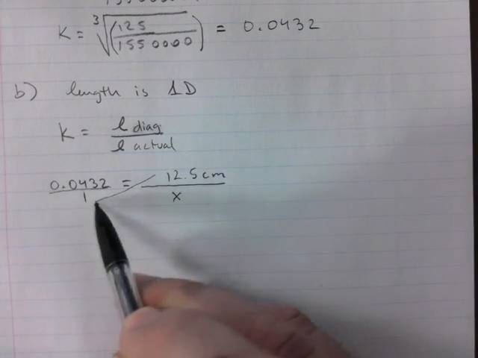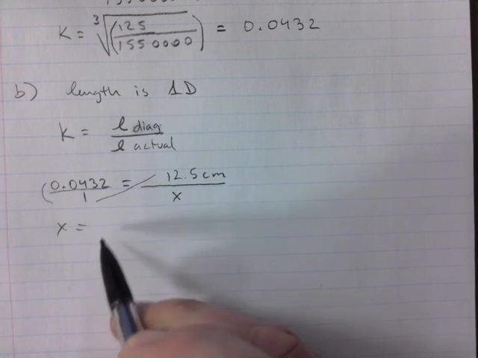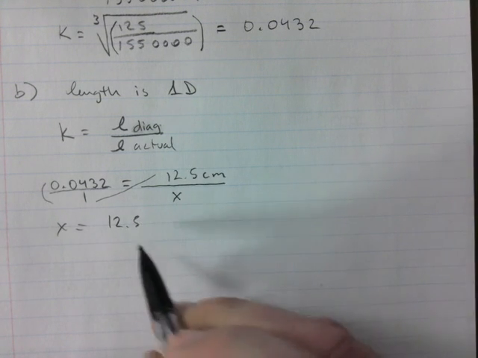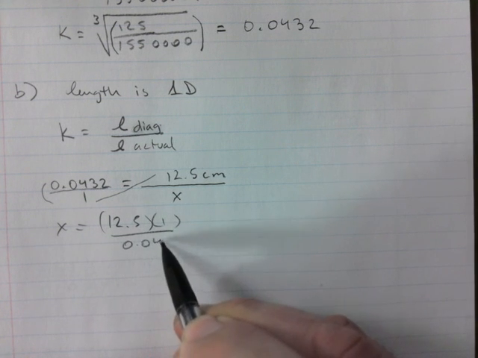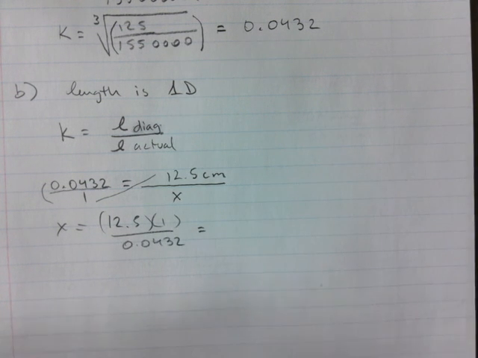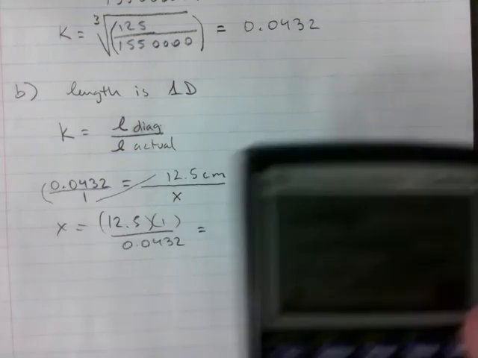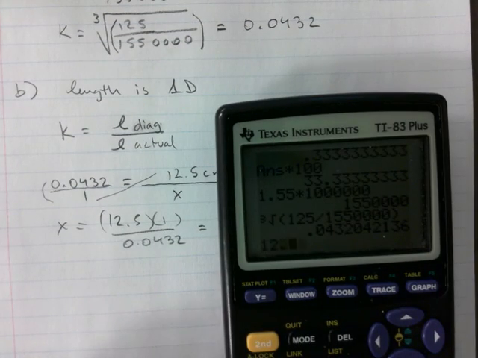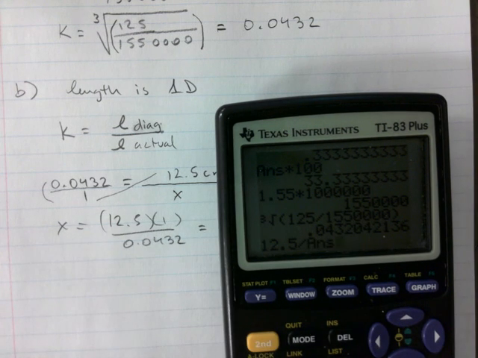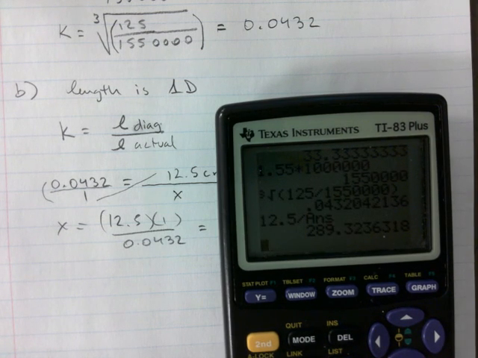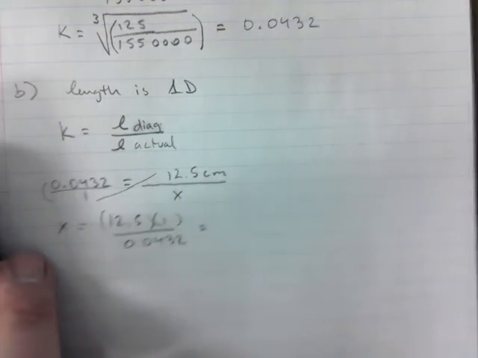So you know you have to cross multiply and divide. 12.5 times 1 divided by 0.0432. I will just quickly look at my calculator here. 12.5 divided by second negative brings answer down, and so I'm using all the decimals really.